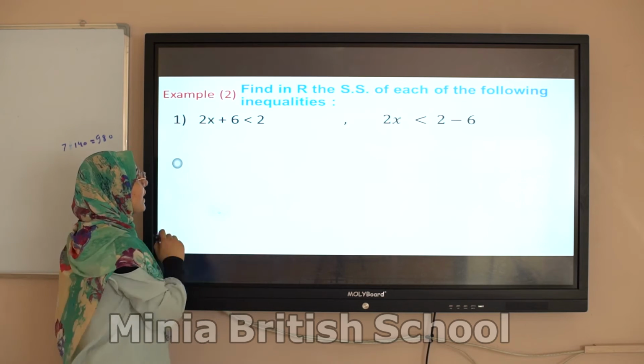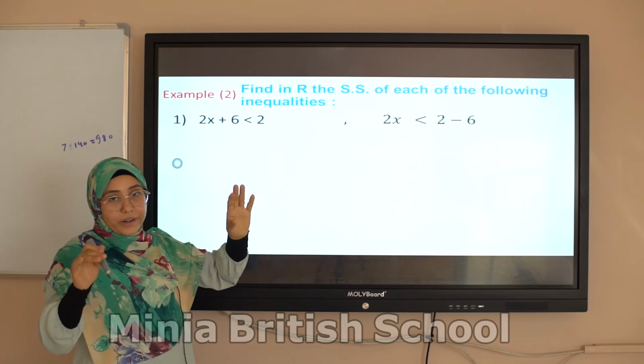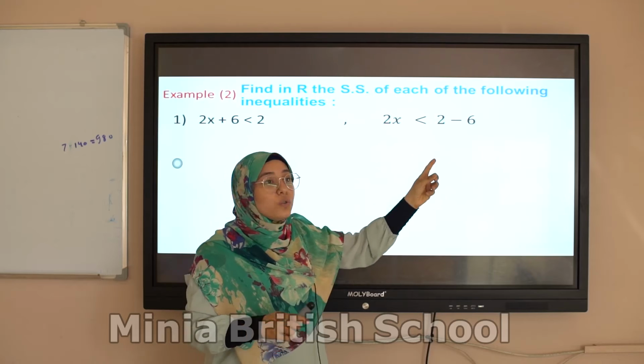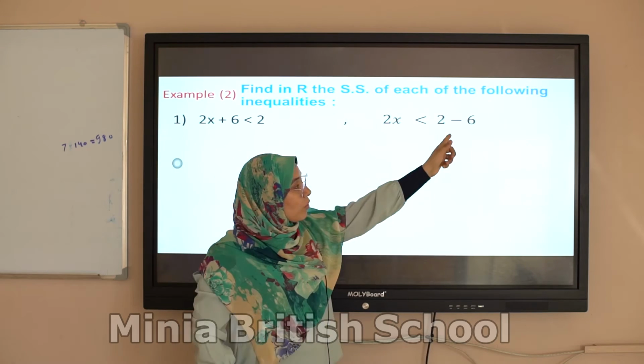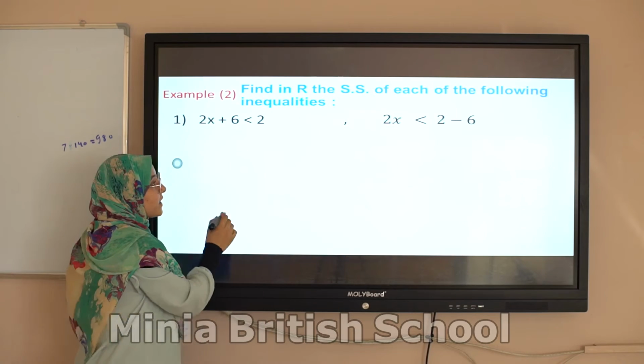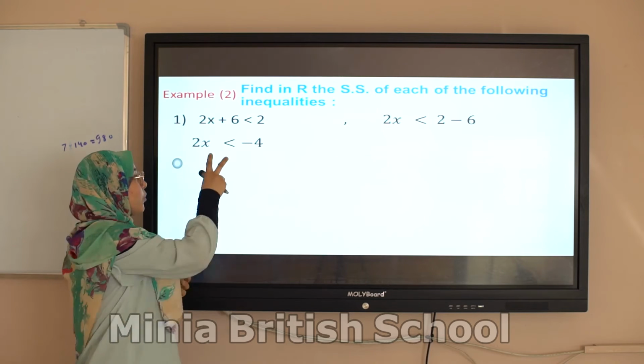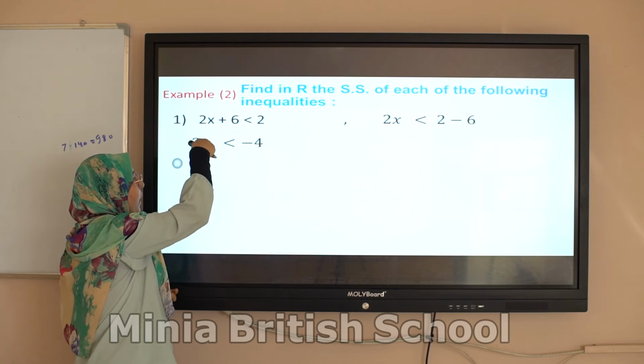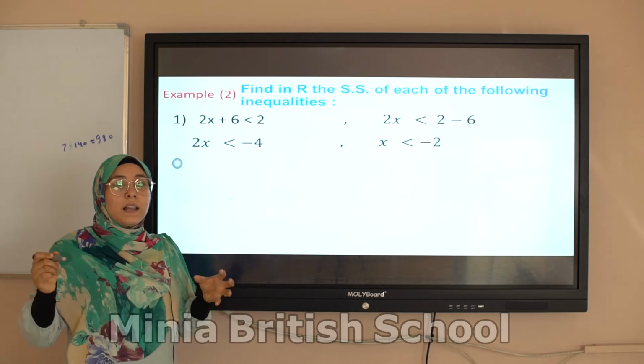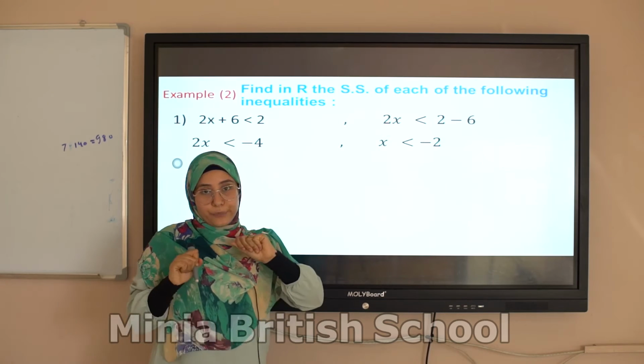We get 2x less than 2 minus 6. Okay, so 2x less than negative 4. By dividing both sides of the inequality by 2, we get x less than negative 2.